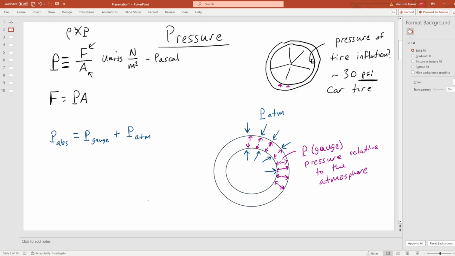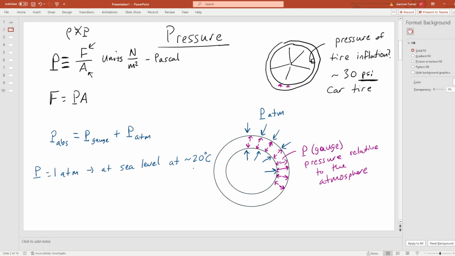Now, we define the pressure due to the atmosphere to be at sea level, right? And at about 20 degrees Celsius. So the one atmosphere is at sea level. Okay. So, one atmosphere of pressure is the pressure at sea level at 20 degrees Celsius.